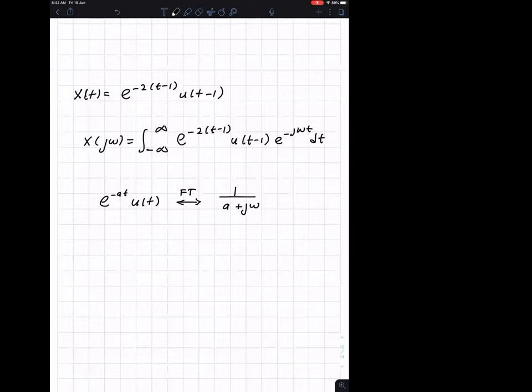So the Fourier transform of e to the minus 2t u(t) is 1 over 2 plus j omega.